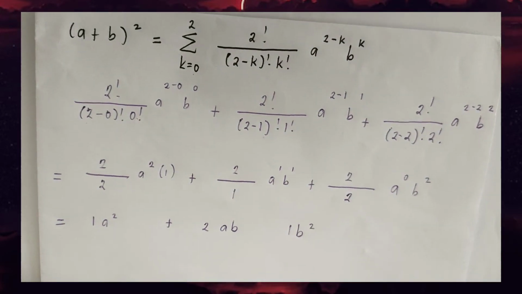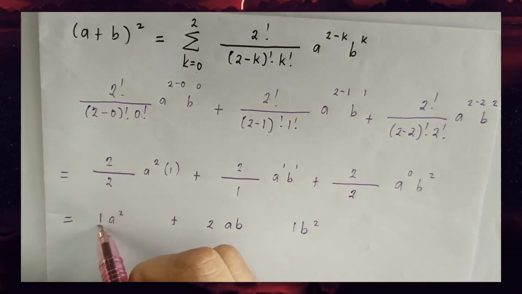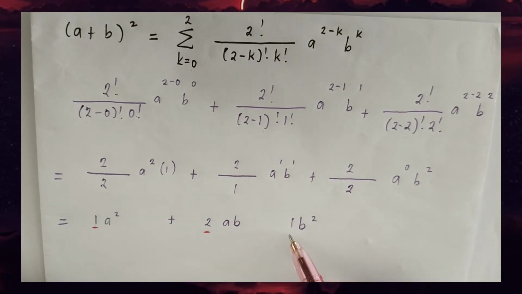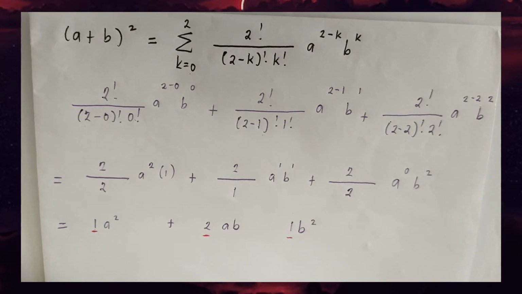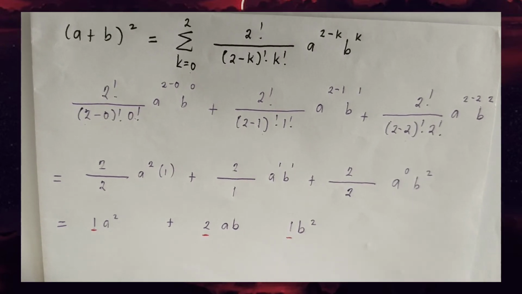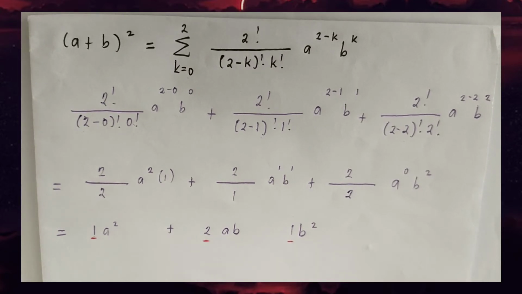And if we analyze, we have here our coefficients 1, 2, and 1. Same with our coefficients in the Pascal's triangle. And when we just use the simple FOIL method.